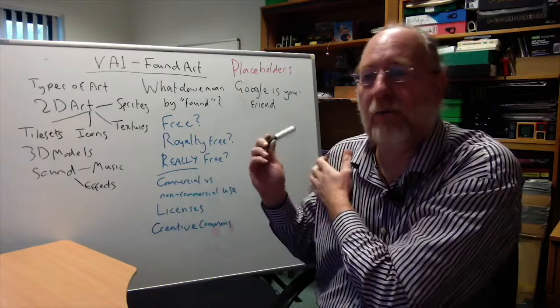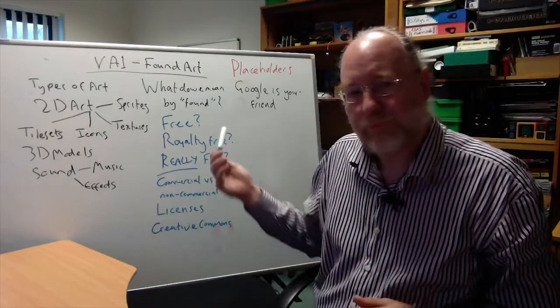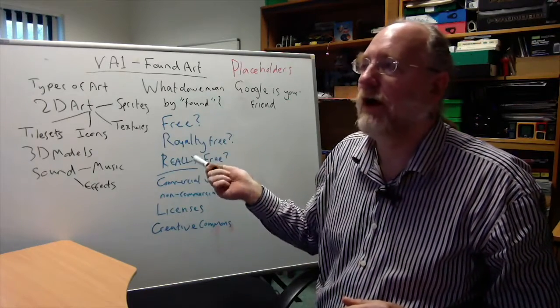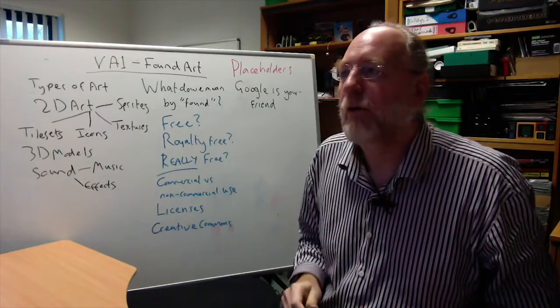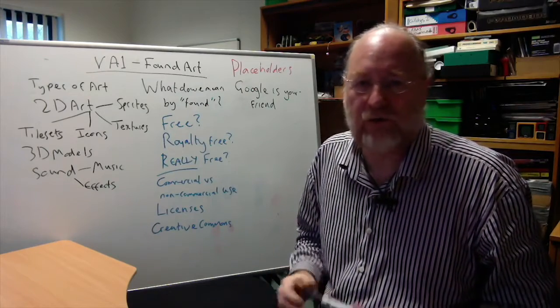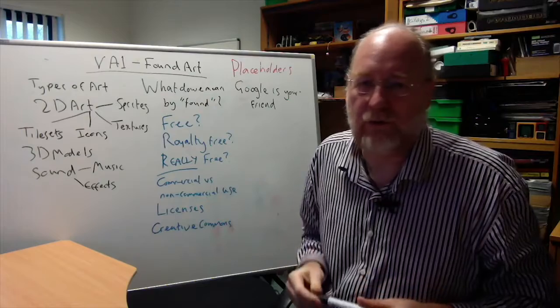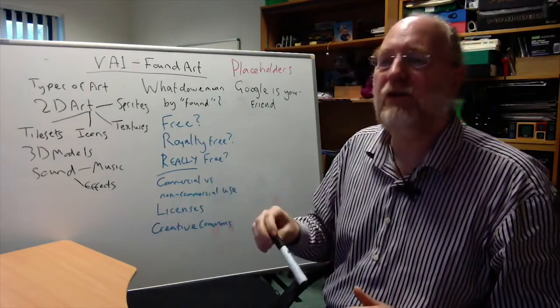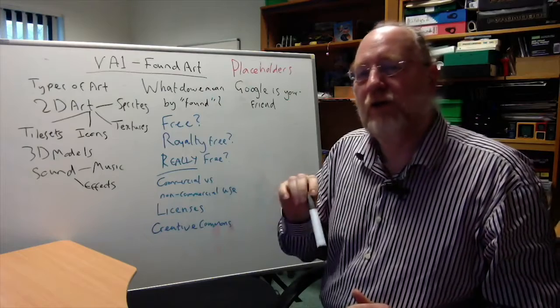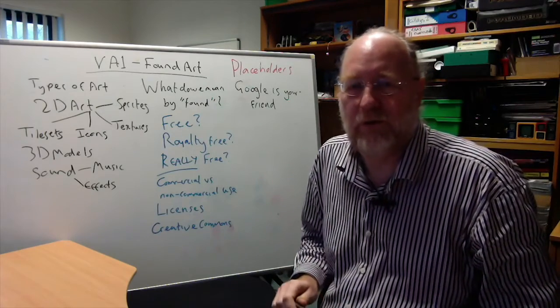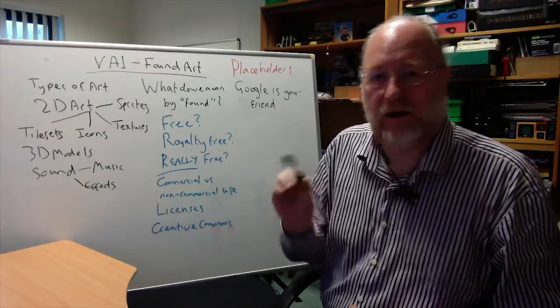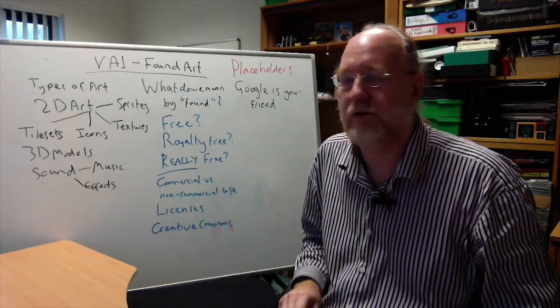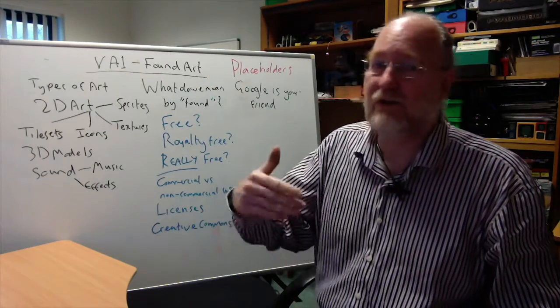Later on, I'll write up on the board, and I'll include a text file with good sites for icons and images and so on. I'm sure you can find your own. But one of the best things to do is to use Google to find lists of sites that have free resources that might be useful. And there is a Reddit page that I'll make a link to in a few seconds, which has a list of all these kinds of things.